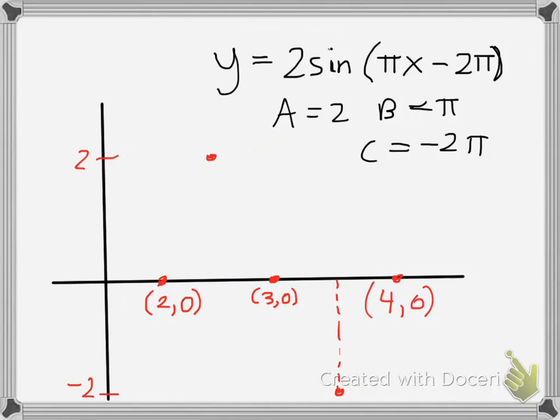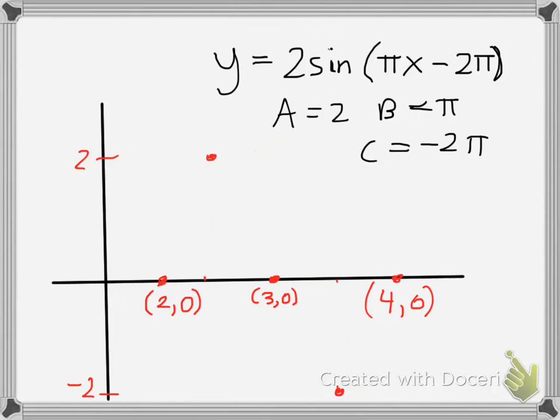And it reaches its highest and lowest points at the halfway point between these. The amplitude is 2, so it goes 2 units below and 2 units above the origin.